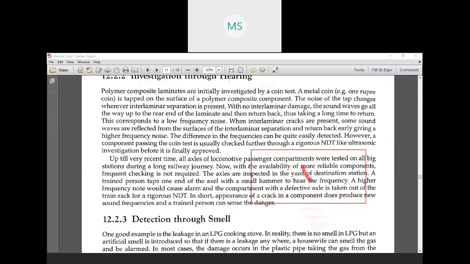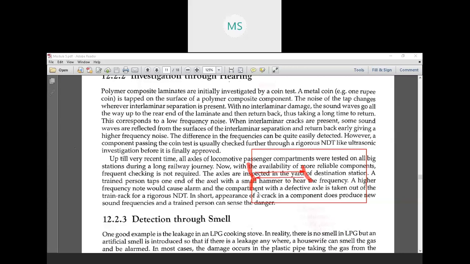Now you are tapping the same coin on the surface. But now the wave travels from the coin point, and as it touches that crack, it will come back here.